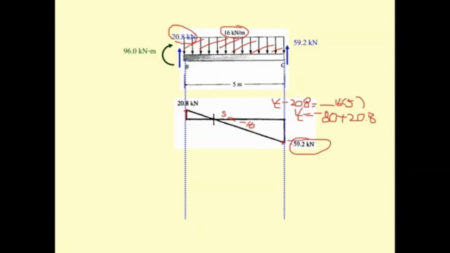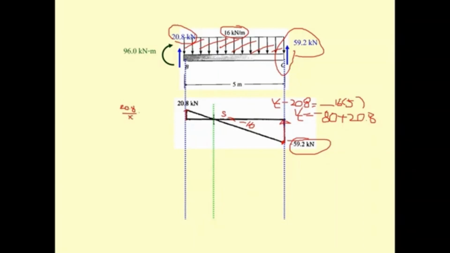And since this is 59.2, you have what? You have the upward. So this one is going to cross your shear diagram here. Okay. And the distance here, can you find it? Let's say it's going to be 20.8 divided by x.